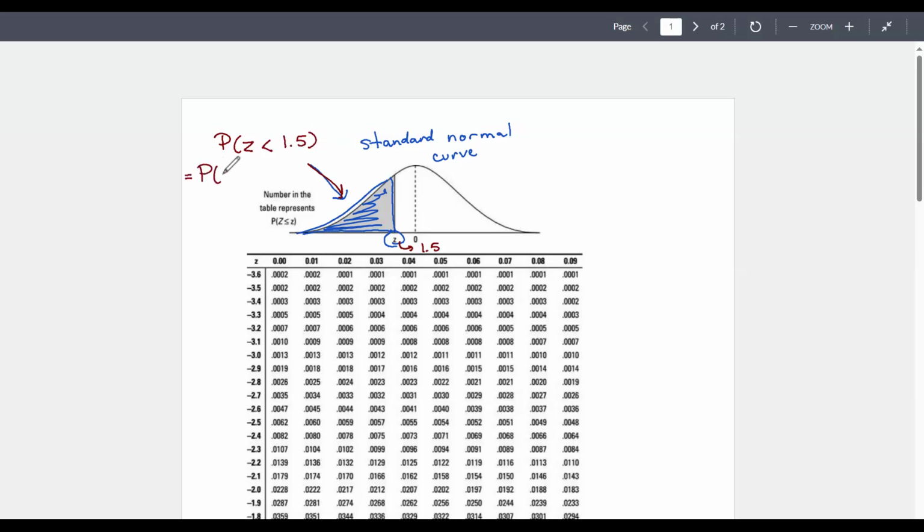You can also say less than or equal to 1.5. Those are interchangeable when we're dealing with probabilities for a continuous normal curve and a continuous random variable.